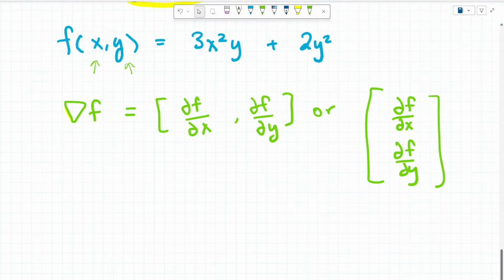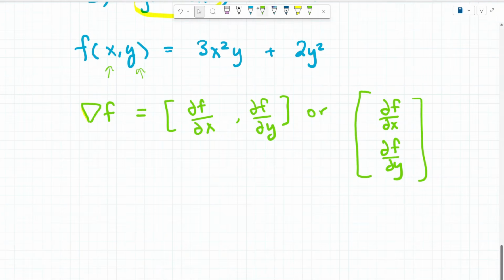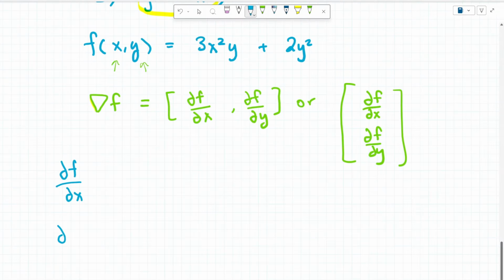Okay, so to do this in pieces, all we have to do is work on our first term, first solving for the partial derivative with respect to x, and then solving for the partial derivative with respect to y. Our partial derivative with respect to x means we hold y as a constant, and then we take the derivative normally with respect to x.